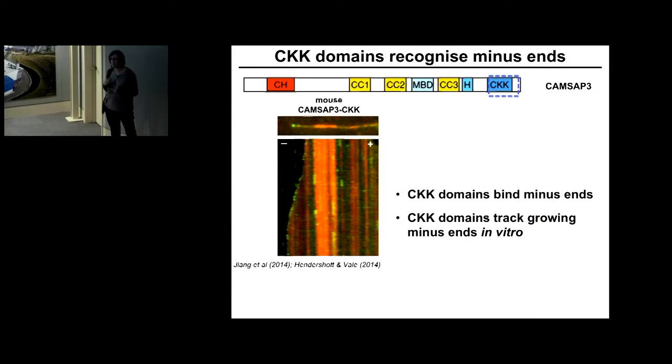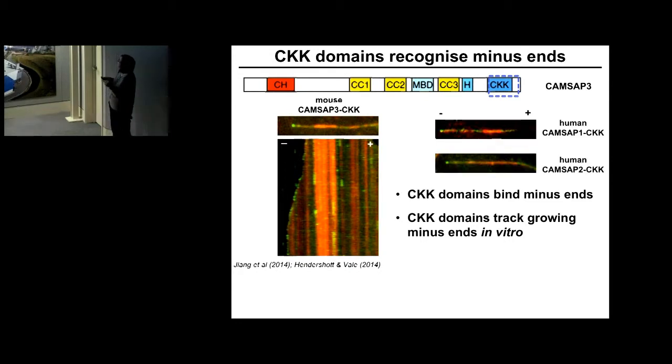What our collaborators in Anna Akhmanova's lab were first able to show is that the CKK domains themselves actually have some capacity to recognize microtubule minus ends. It's by no means as total a recognition as the full-length proteins, but the CKK domains have some intrinsic microtubule minus end recognition properties. And that's actually seen in CAMSAP 1, 2, and 3, which in the context of the full-length proteins have quite different properties with respect to minus end recognition.